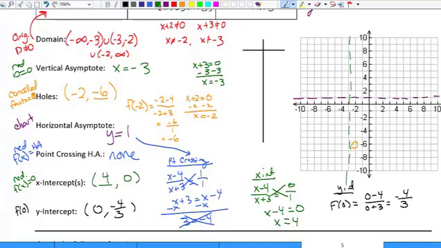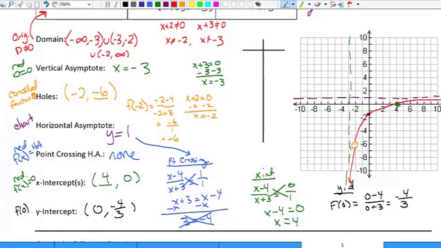Okay, so I'm going to plot my x-intercept at 4 comma 0. I can also plot my y-intercept at 0 comma negative 4/3, which is negative 1 and a bit. And all of those points together are telling me that my branch on the right-hand side of the vertical asymptote is below.